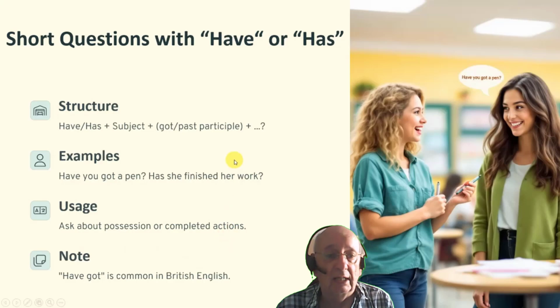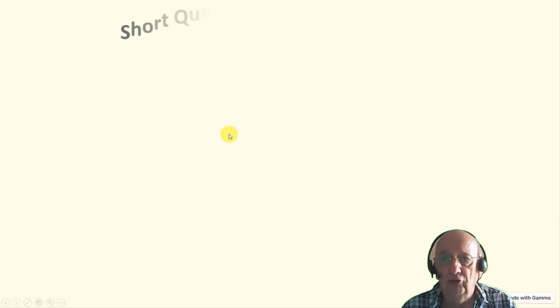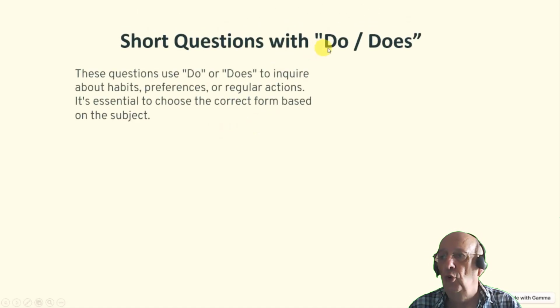Okay, guys. Let's go and have a look at short questions with do or does. These questions use do or does to inquire about habits, preferences, or regular actions. It's essential to choose the correct form based on the subject. Let's have a look at it.